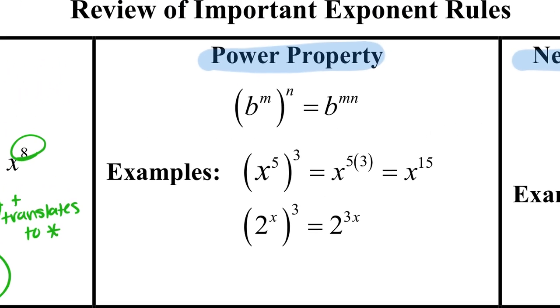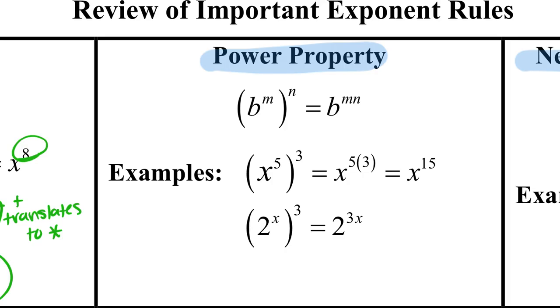The same is true with something called the power property. This one is when you have a base and an exponent and you raise that to another exponent. The shortcut says that you can simply multiply those exponents together. For example, 5 to the power of x, quantity cubed, would be like writing x to the fifth 3 times.